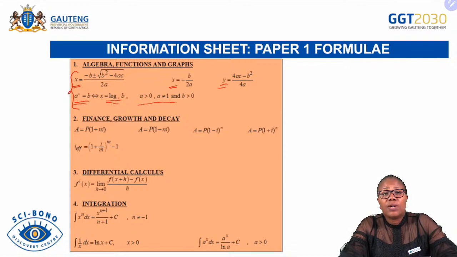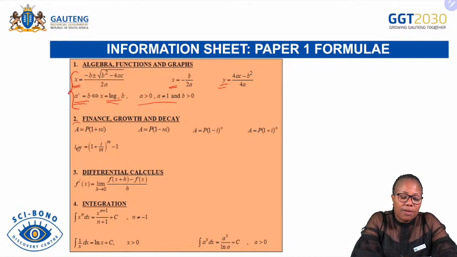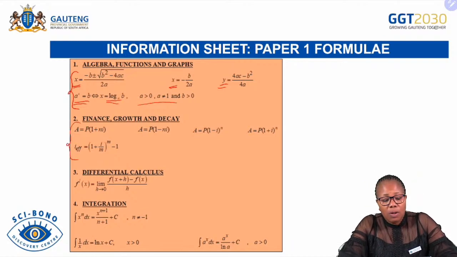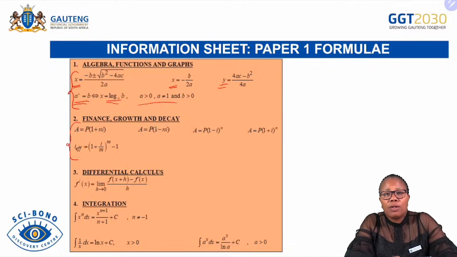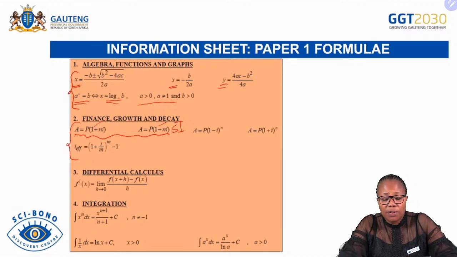And then secondly, we have the finance, growth, and decay formulas, and therefore we have A equal to P(1 plus in), or A equal to P(1 minus in). That means those are for the simple interest, grade 12. These two are for simple interest, for appreciating and depreciating value there. And then now followed by the compound interest ones.